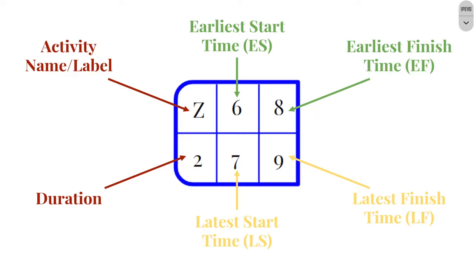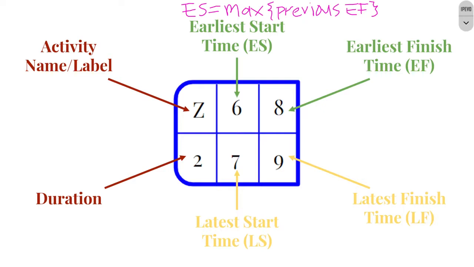Our earliest start time is going to be based on immediately previous nodes. So any nodes that are connected to this one by branches, I'm going to look at their earliest finish times. The earliest start time of this node will be the maximum of those early finish times, right?